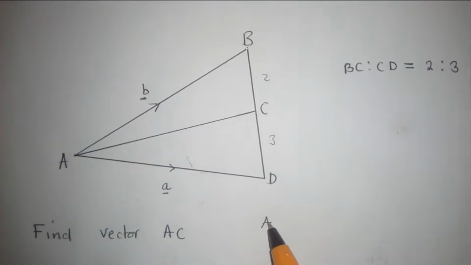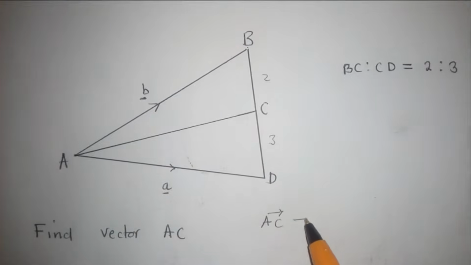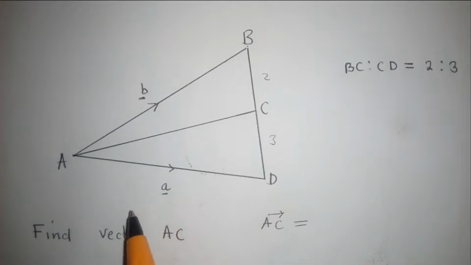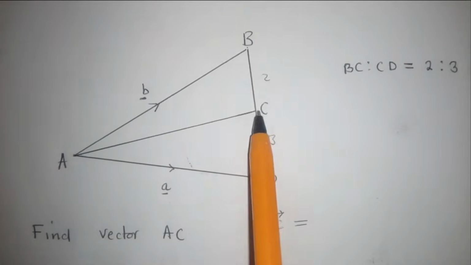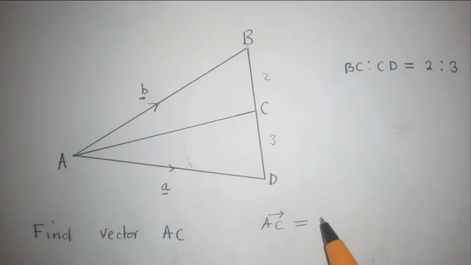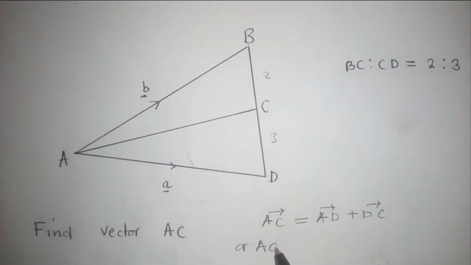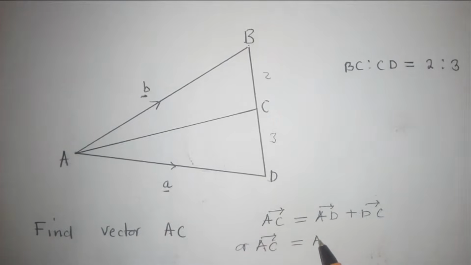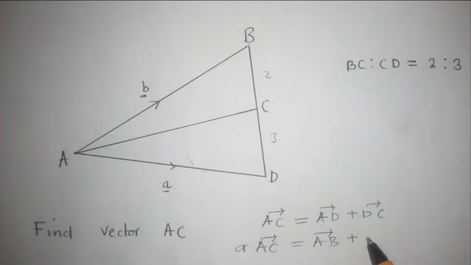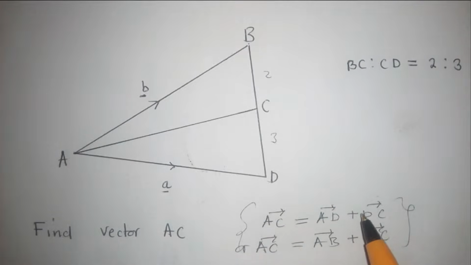So vector AC is what we need to find, of which when we calculate, AC is equal to AD plus DC, or we can say AC is equal to vector AB plus BC. We can use whichever between these two. If you want, we can use this one, or this other one over here.